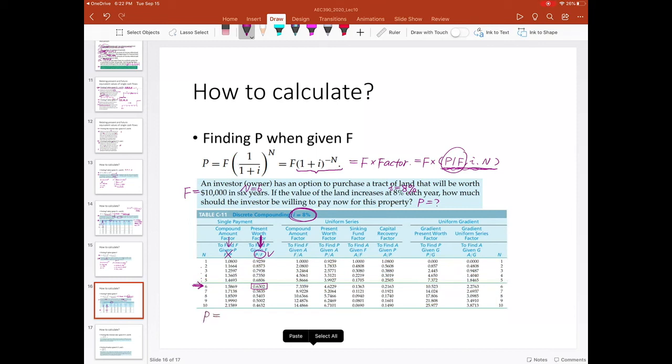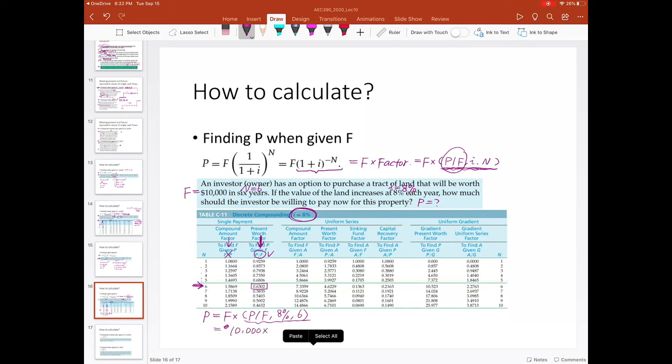So you calculate this as P is F times the factor P given F for I equals 8%, N equals 6. That's the factor you're looking at, okay?